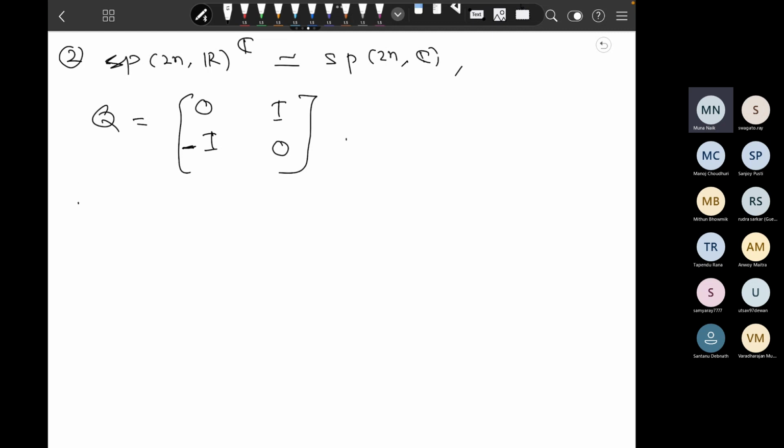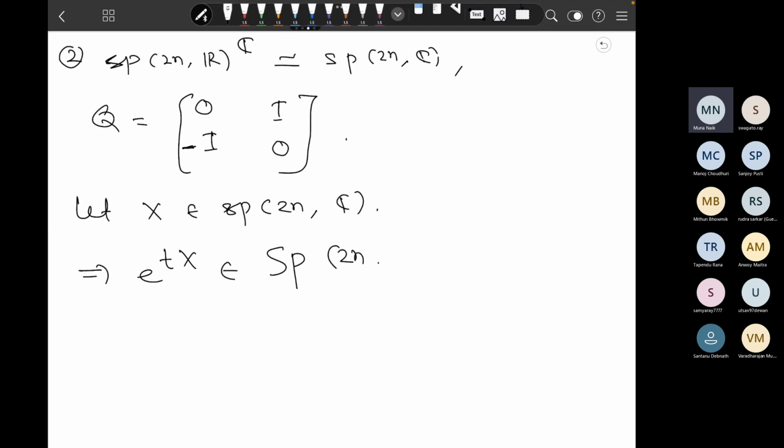And so let X belong to sp(2n,C). Pay some attention here. This implies e to the power tX belongs to the capital Sp(2n,C). So we have seen that this Sp(2n,C) is closed under conjugate transpose.